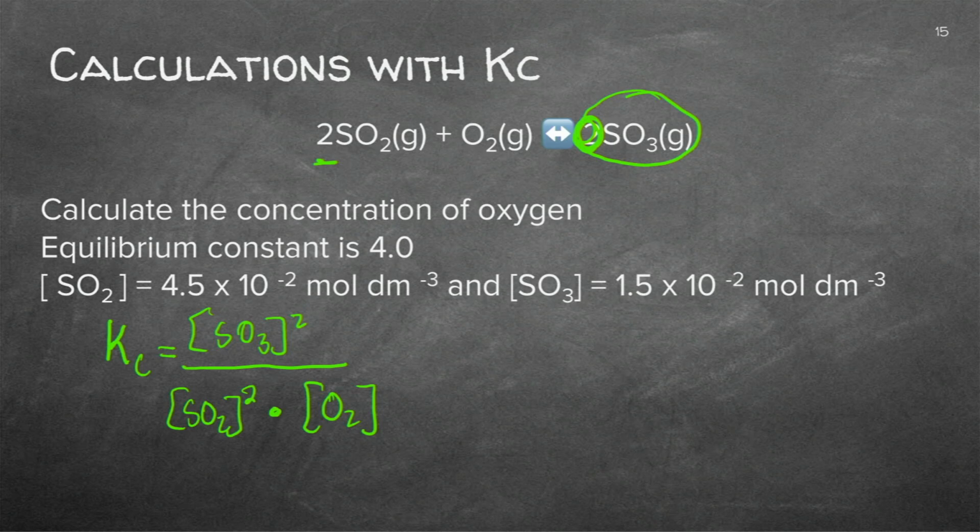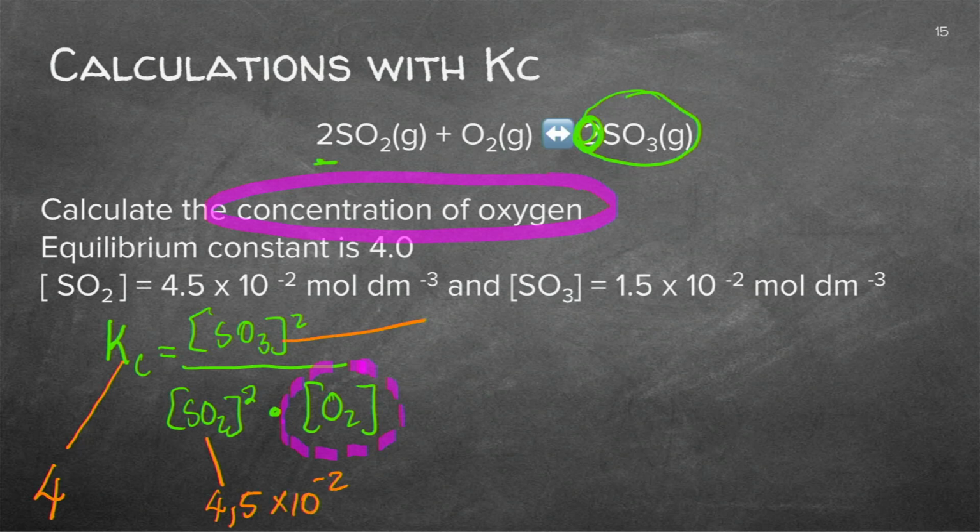They asked us to calculate the concentration of oxygen, so they want us to calculate that. But they gave us more information. They said this value is 4. They gave us the SO2 as 4.5 times 10 to the minus 2, and they gave us that value as 1.5 times 10 to the minus 2.